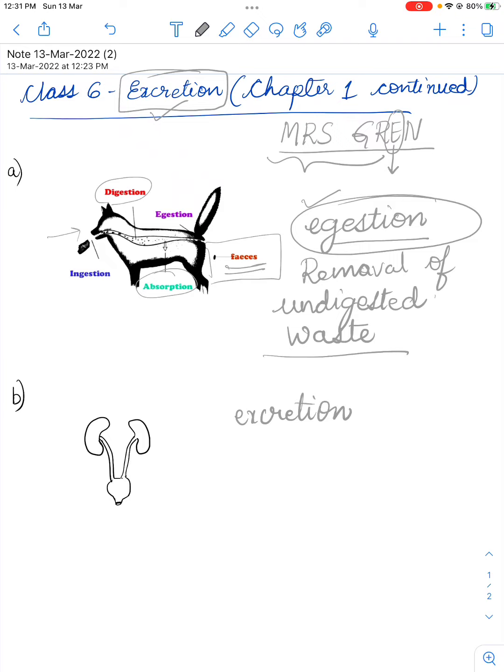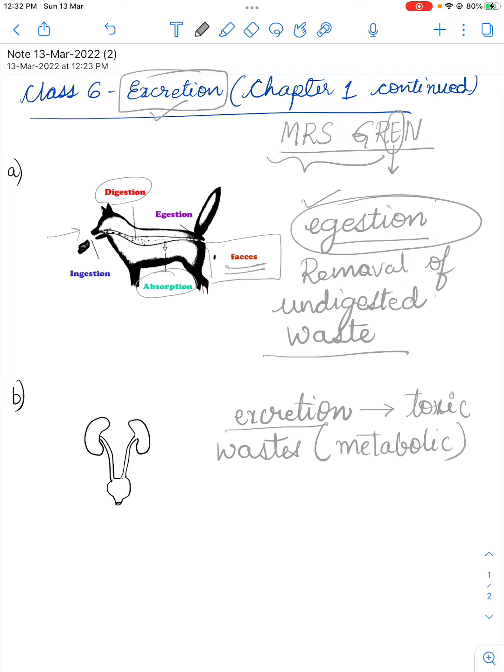Excretion is also a process of removal, but it is the removal of toxic wastes formed as a result of metabolism. So, I say that excretion is the removal of toxic waste or byproducts of metabolic reactions in our body.